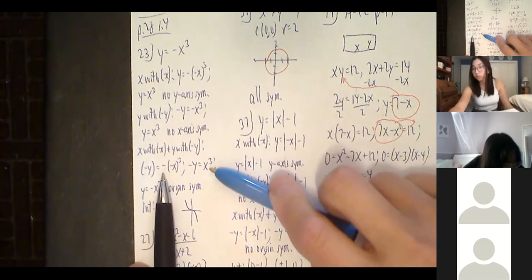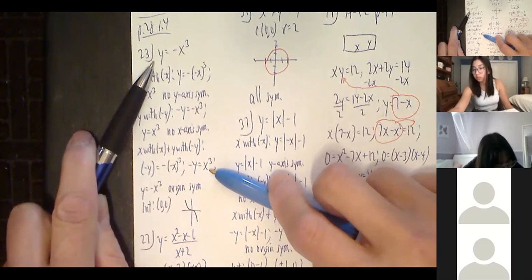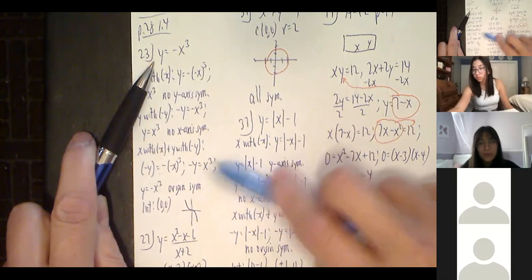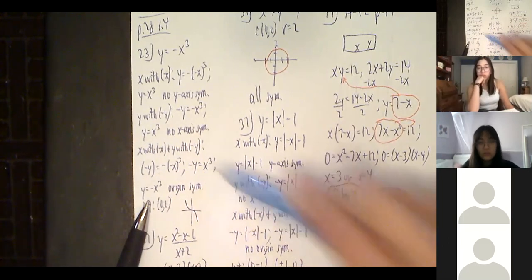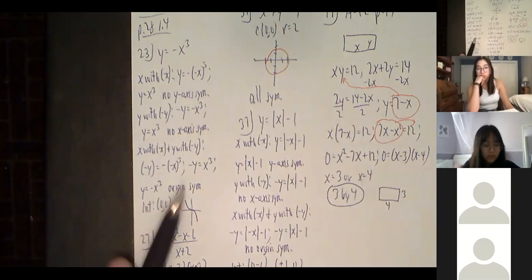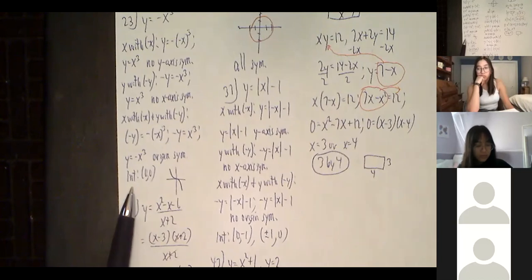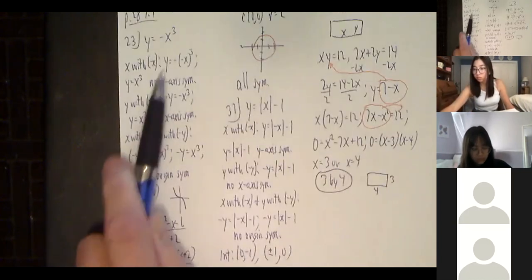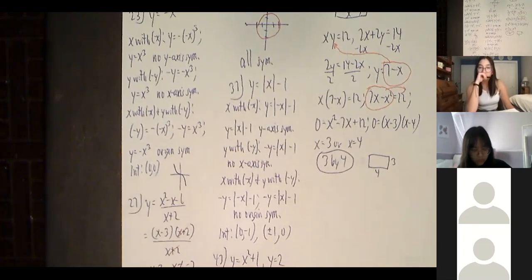And now, is this equivalent to the original? Actually, it is, because if you multiply both sides by negative 1, it does look like this, y equals negative x cubed. So I do get an equivalent expression. So I do have origin symmetry. All right, so final answer for that one. The only intercept is the origin, 0, 0, so that's the x-intercept and y-intercept. And I have origin symmetry for that one.